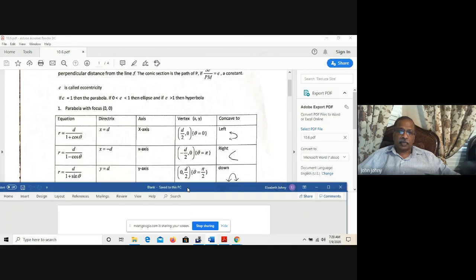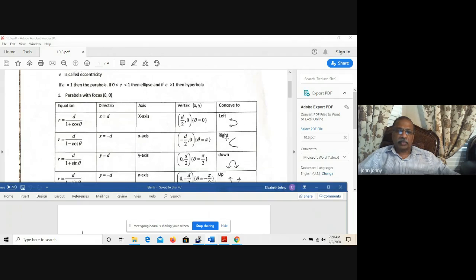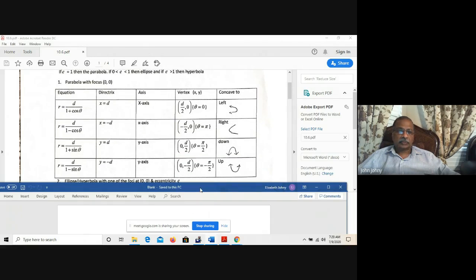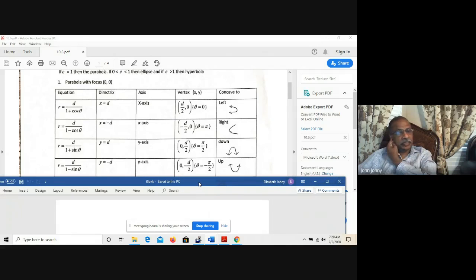Third formula is R is equal to D over 1 plus sine theta, and y is equal to D is the directrix, axis is the y-axis, and the vertex is 0, D over 2. You have to substitute theta is equal to pi over 2, then you get that point, and it is concave down. And the last one is R is equal to D divided by 1 minus sine theta.